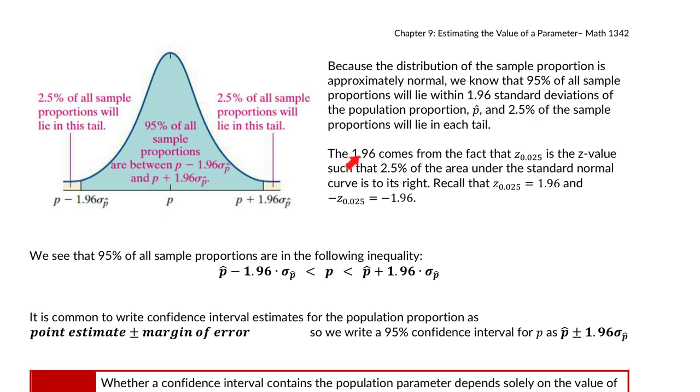Let me read this little blurb. The 1.96, if you see this number, comes from the fact that z sub 0.025 is the z value such that 2.5% of the area underneath the standard normal curve is to the right. Look at your pink pieces of paper right now so you can understand where this number came from. Can you find in the table, not on the sides, in the table, the number 0.02500 in the area of your chart?